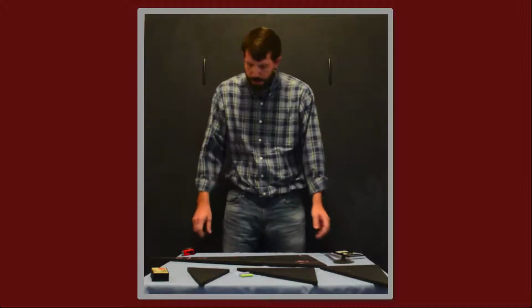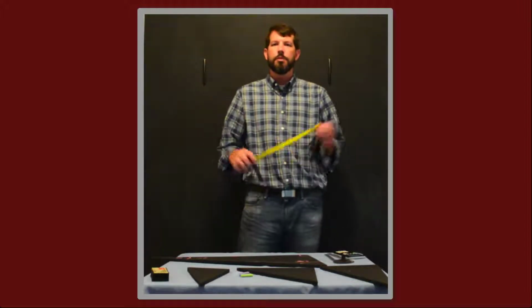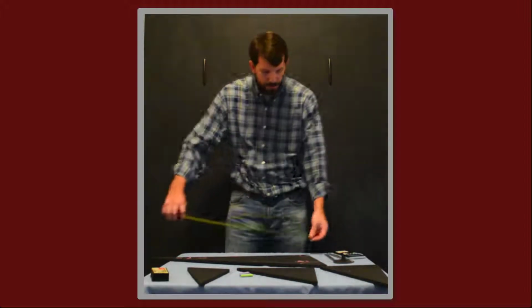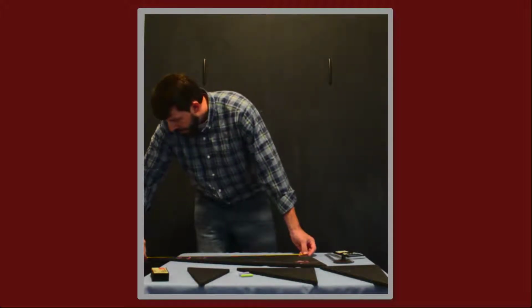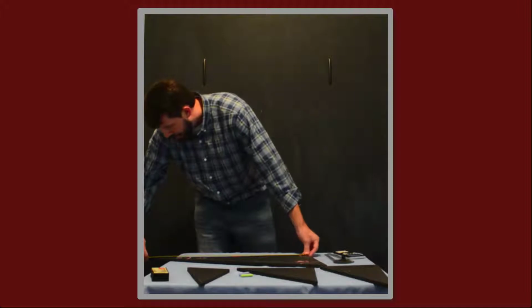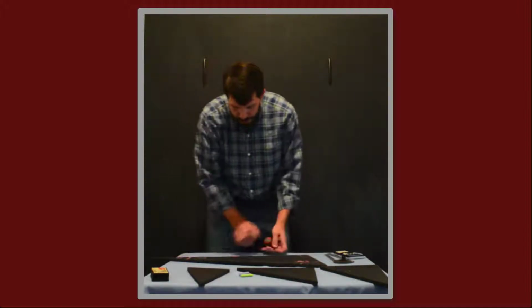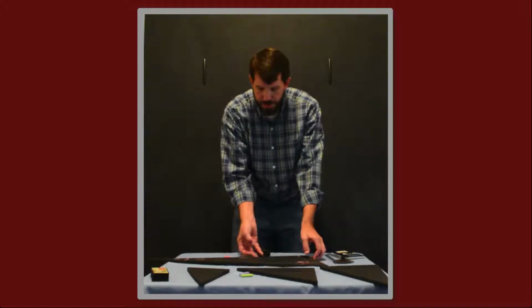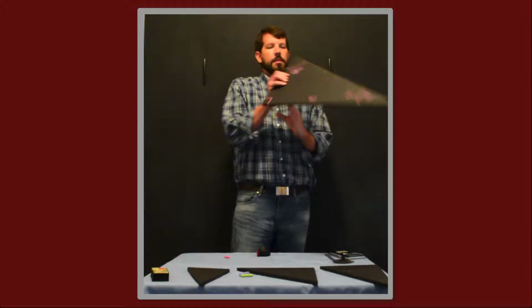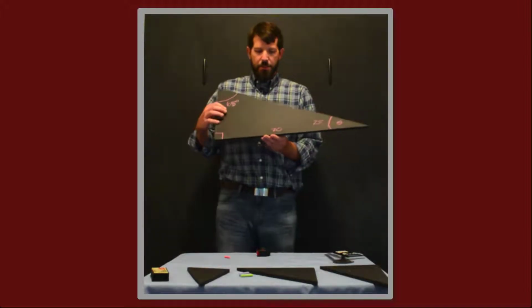Now, we know the angle measures. Let's look at the ratio of sides. Let's look at the side lengths. So the bottom is about 70 centimeters exactly. So I'm just going to label the bottom as 70 centimeters.